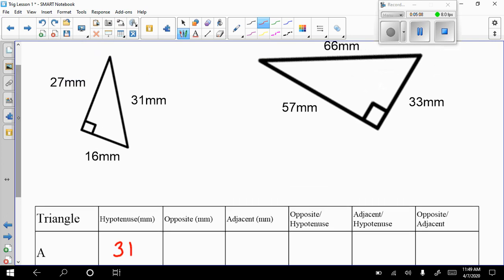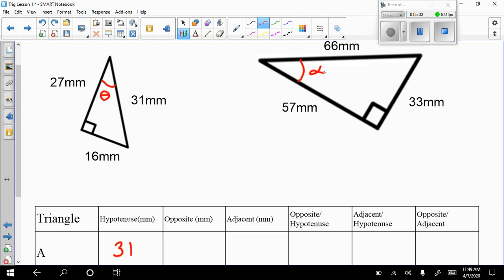I'm looking at it from the perspective of this angle right here, and I'll call that theta in this case. For triangle B, I'm going to be looking at it from the perspective of this angle, and I'll call that alpha.